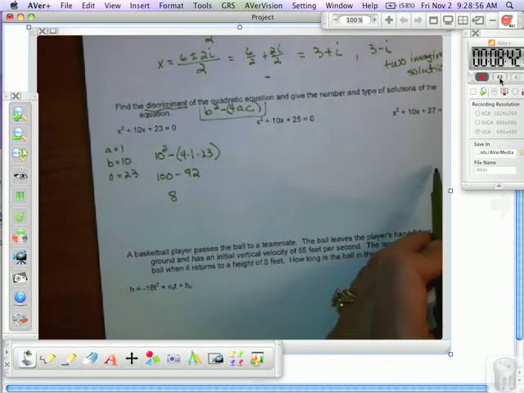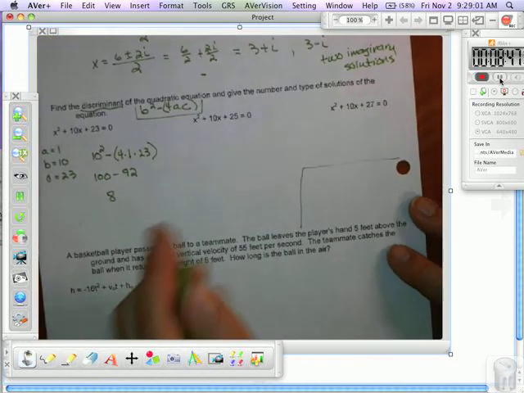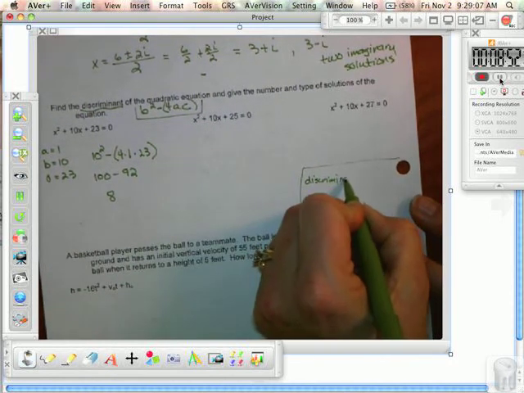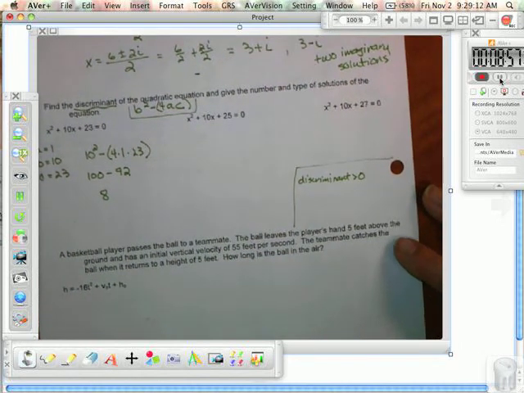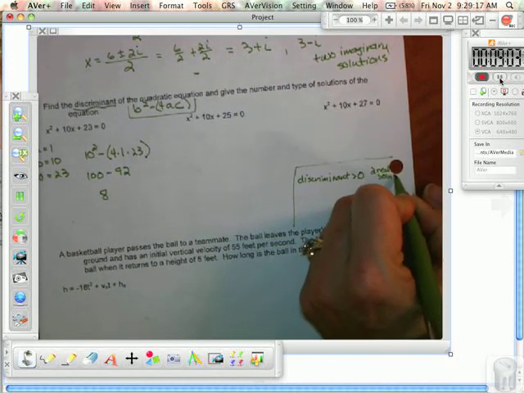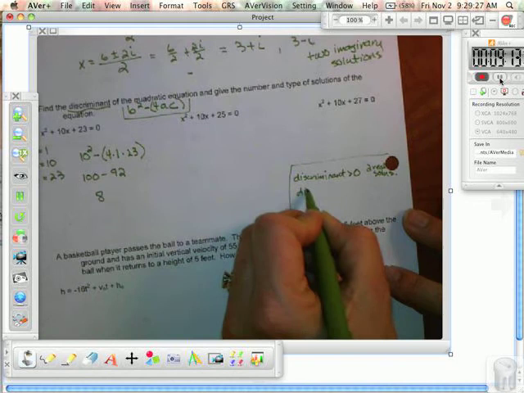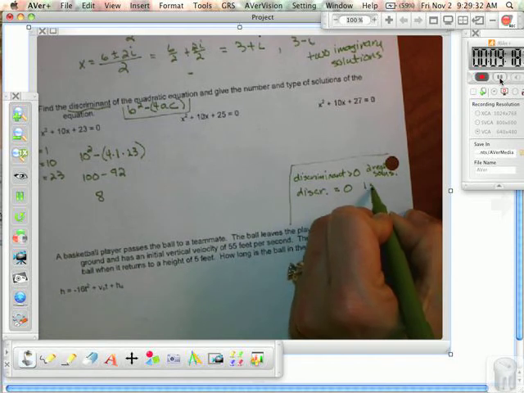Over here in a little box, I'm going to have you write this, because I don't know why it's nowhere on these notes. If the discriminant is greater than 0, you have 2 real solutions. I abbreviated the word solution as SOLN. If the discriminant is equal to 0, you have 1 real solution.